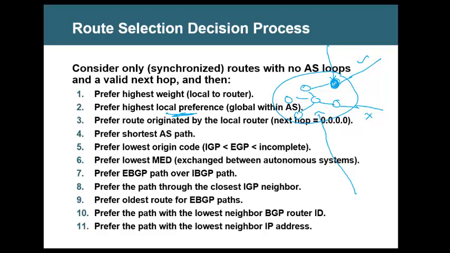The default local preference is 100. You set high local preference, and all the routers, including this router, will go only via this way.